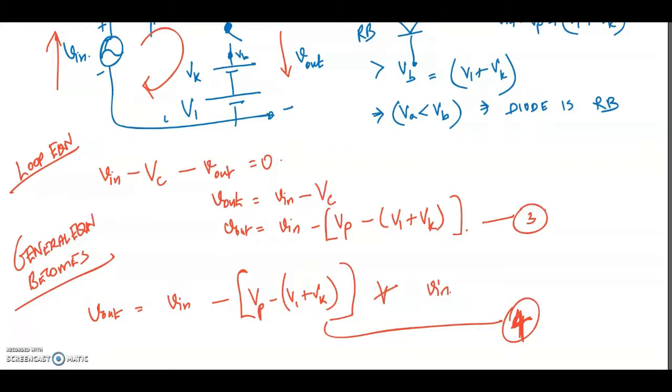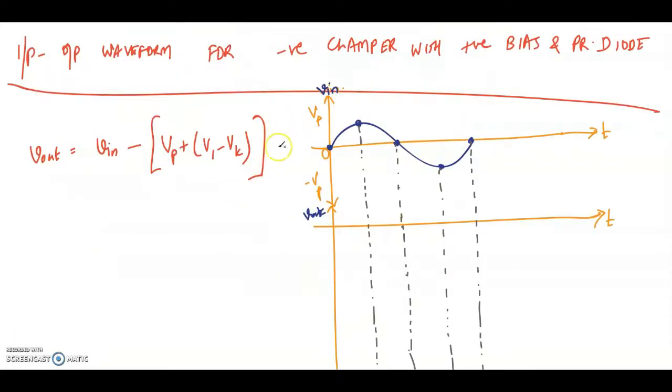Now let us draw the waveform. In order to draw the output waveform, I have written the output equation. That is the general expression I have written here. From this expression, I see that Vout is equal to Vn minus Vp plus V1 minus Vk for all Vn. Let us start just as we did for the positive clamper.